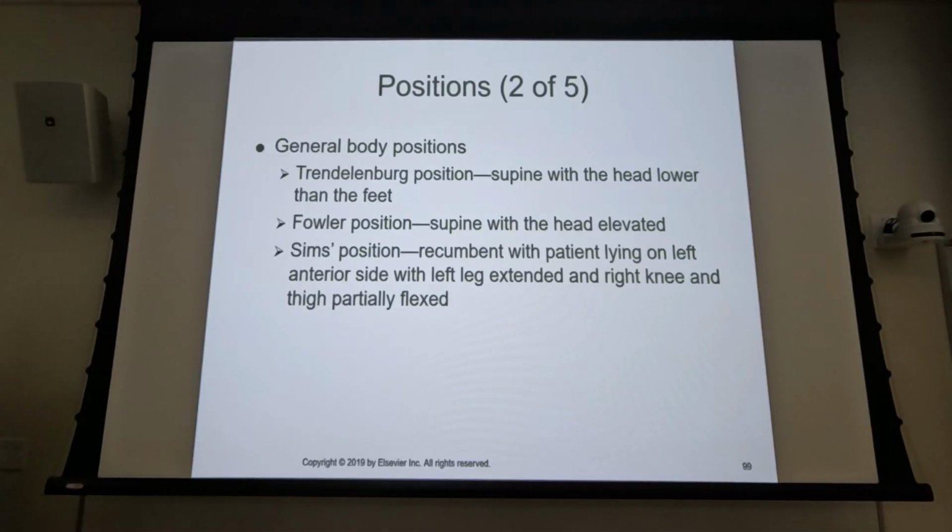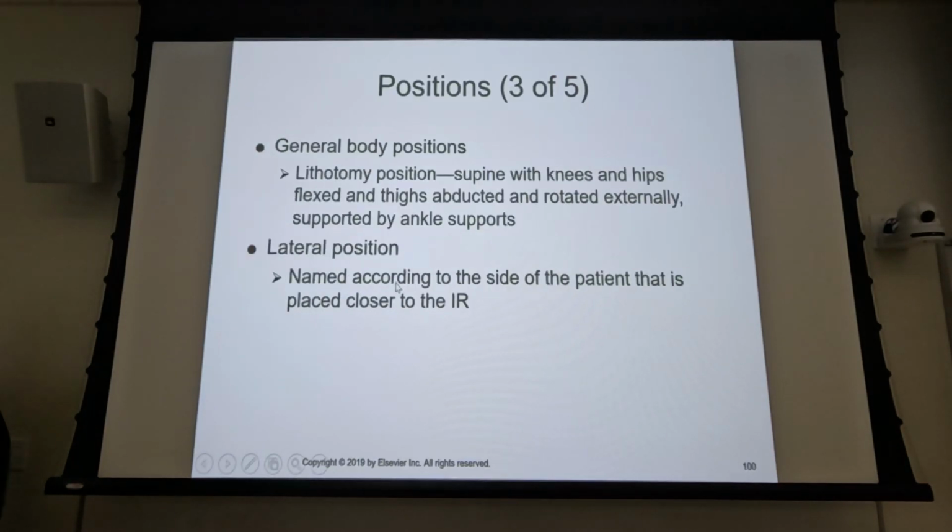They have a stable foundation. You have access to the proper parts, and that's the position you put the patient in to insert the enema tip. So you'll get used to that. That's the Sims position.